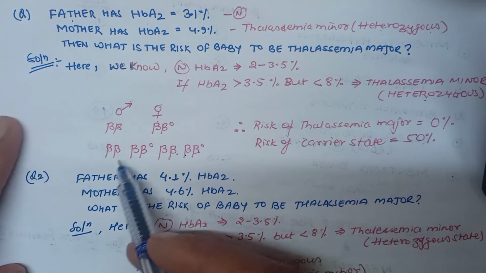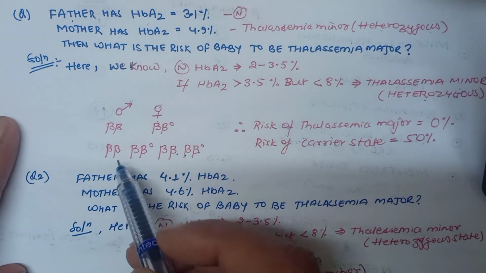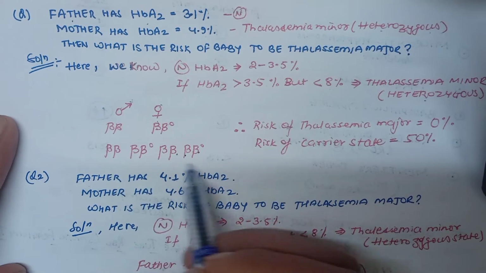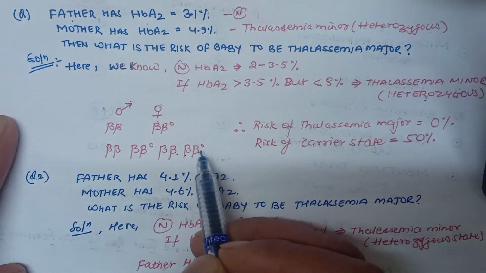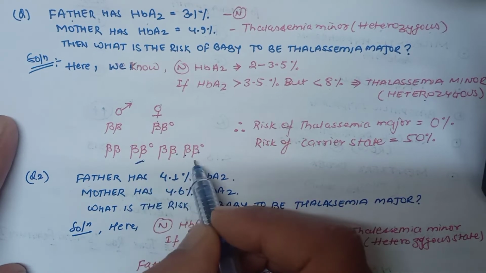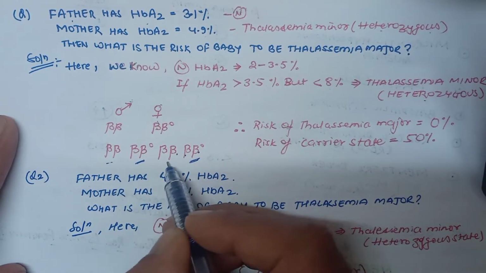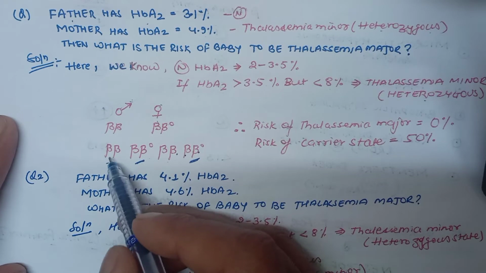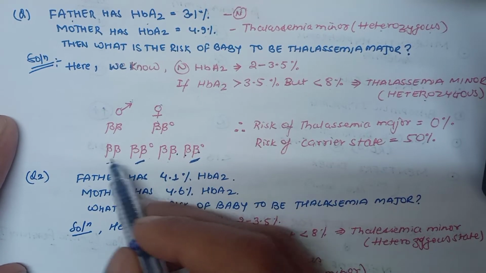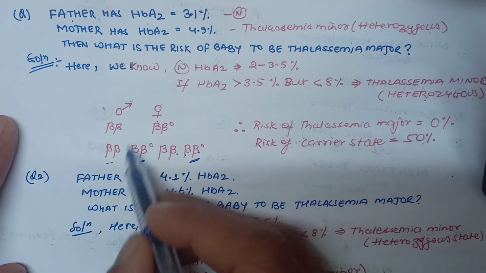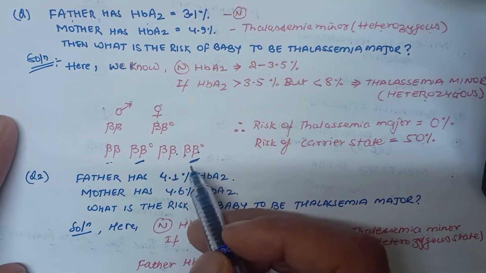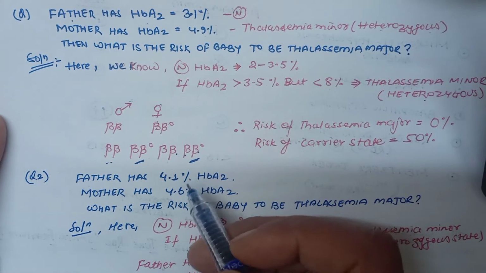Therefore the risk of thalassemia major is 0%, whereas the risk of carrier state is 50% and 50% is normal. There is no risk of thalassemia major.